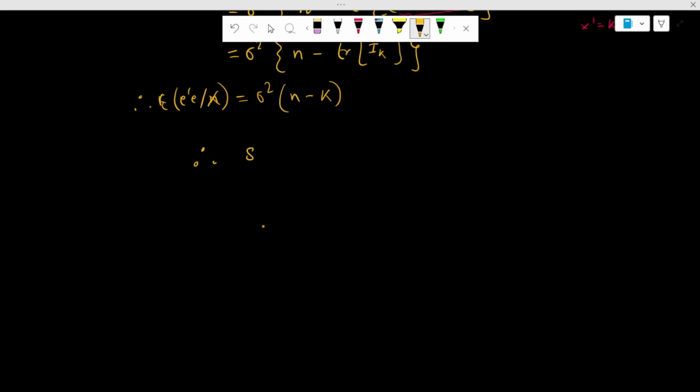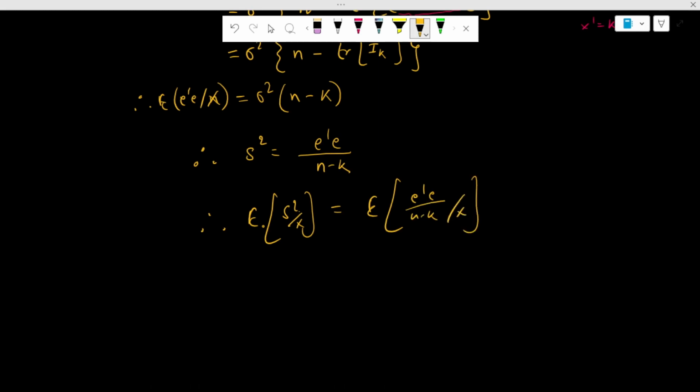Therefore s square must be equal to e transpose e, that is the sum of the squares of the residuals in the sample model. We need to divide it by n minus k, so that the expected value of s square should be equal to, and this is equal to, 1 over n minus k and then the expectation of e transpose e conditional on x.